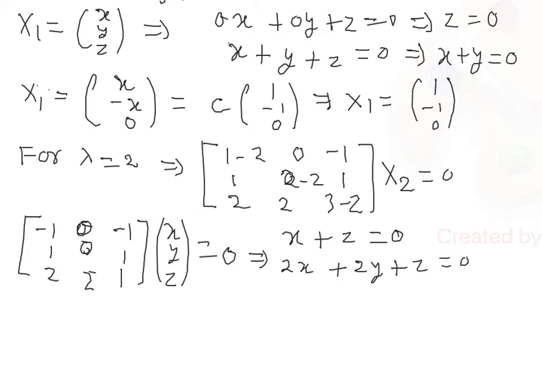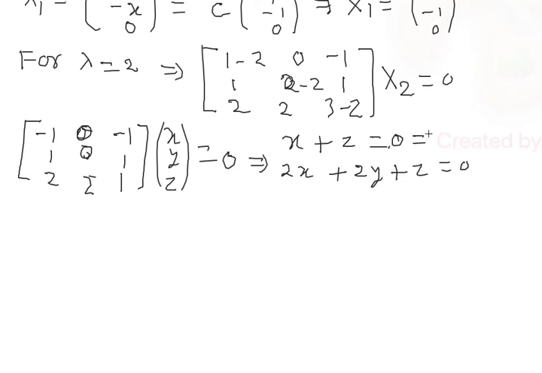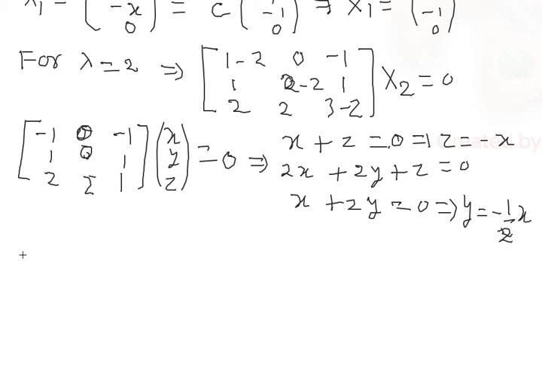From here z equal to negative x. Putting this in, we get x plus 2y equal to 0, so y is negative half of x.